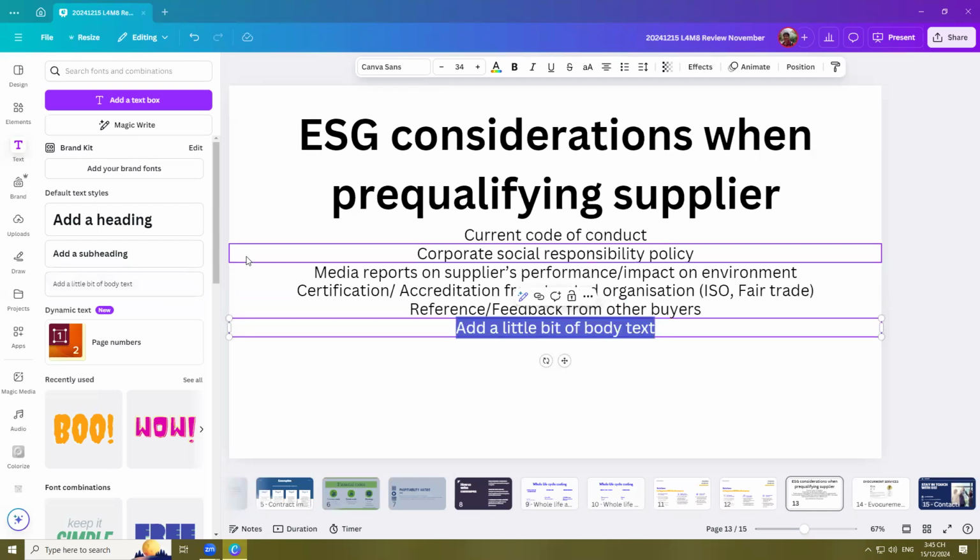Also, there are reported performance like recent emission or waste measurement. Like they can make their own report about their recent performance, especially regarding environmental or social ones.